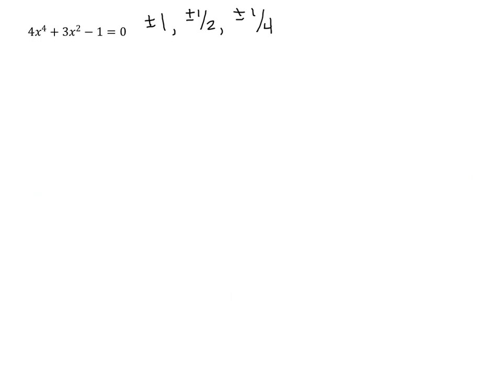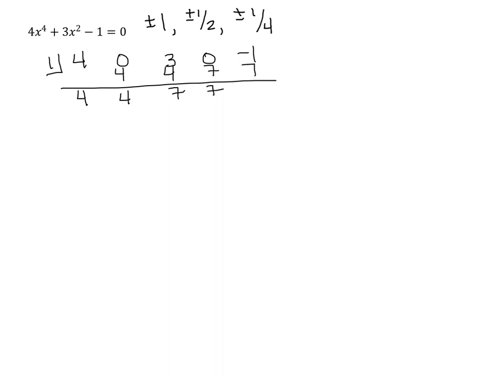Now that we know the possible roots, we need to check and see which ones are actual roots. It doesn't matter what you start with. I tend to start with plus or minus 1, and usually, really, I start with 1. And I do my synthetic division. Okay, 1 is not a possibility.